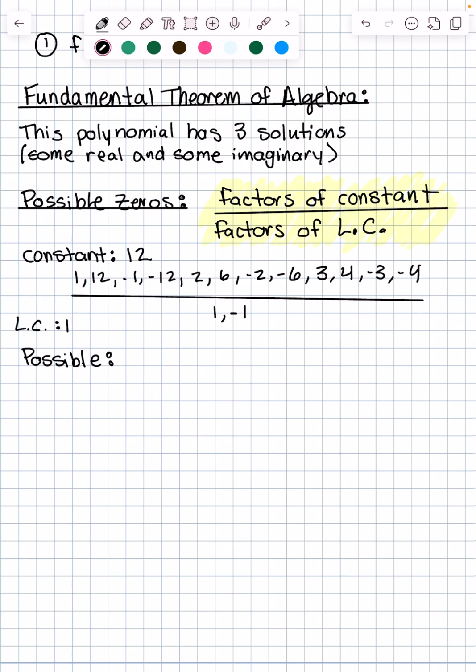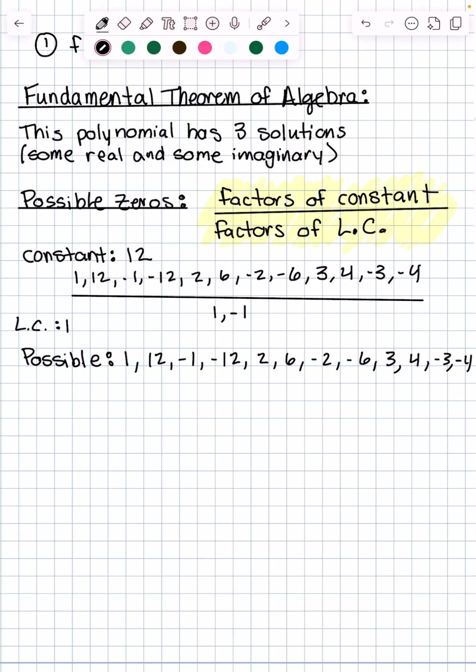So again, I'm just going to start with 1. I'm going to do all these numbers divided by 1, which would just be themselves, right? So I have 1, 12, negative 1, negative 12, 2, 6, negative 2, negative 6, 3, 4, negative 3, negative 4.